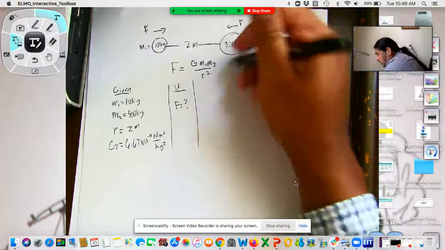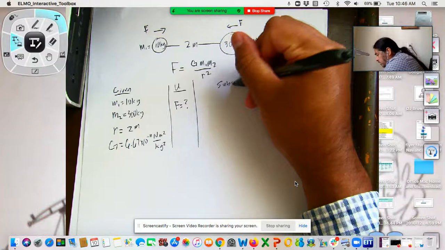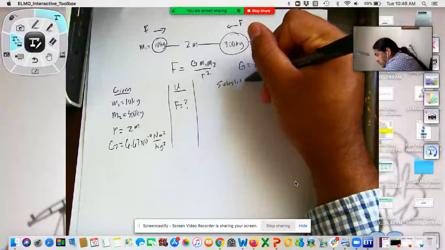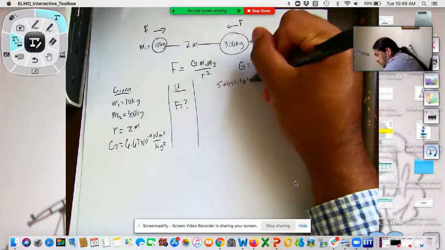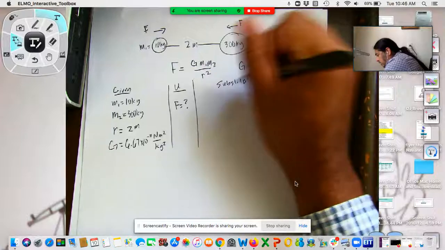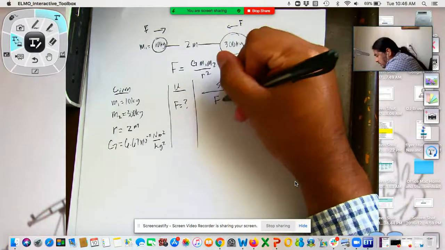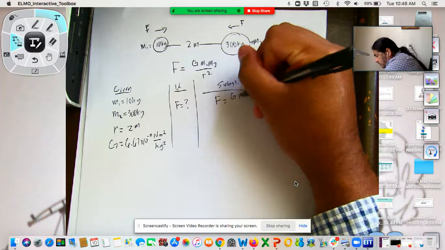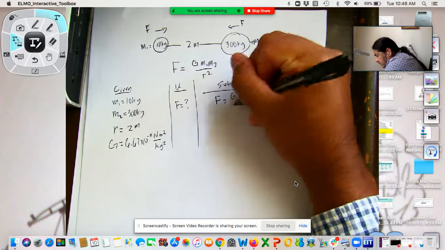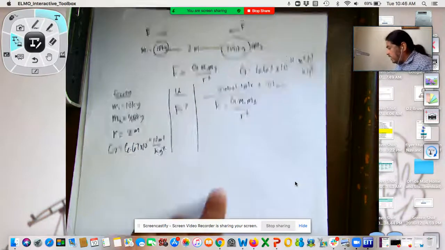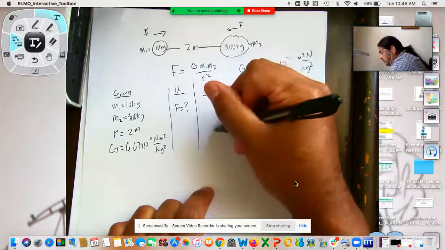The equation is right there, so I'll just jump right into substituting and solving. Substitute and solve. I usually like to start with writing the equation down. And then I start plugging stuff in. I don't know my F, so I'll leave it as a variable.